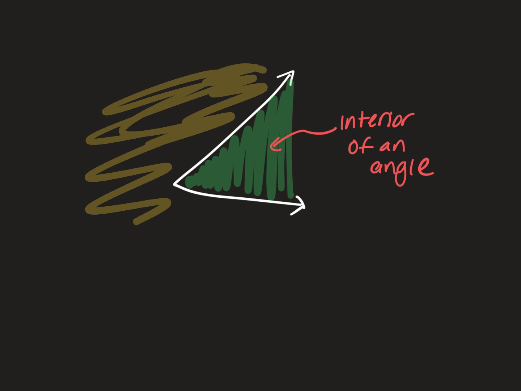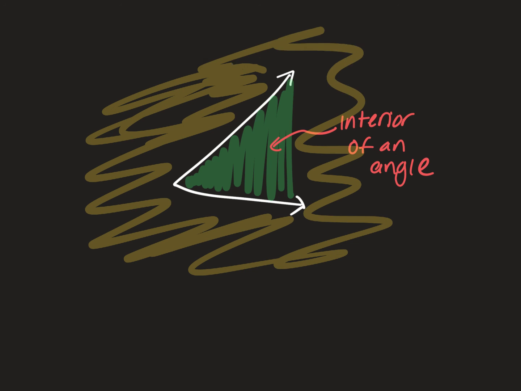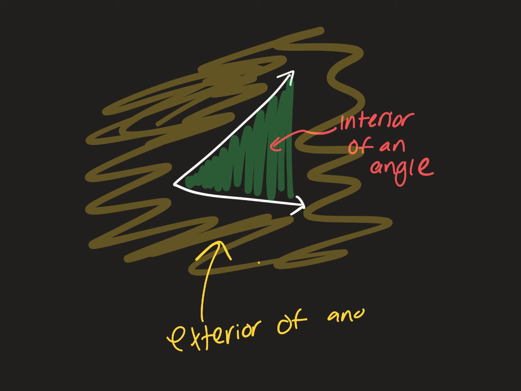So it's just this part. That's our exterior. I'm just going to remember that. I'm not going to write it down. Yeah, that's fine. Interior is inside the angle, exterior is outside. If there was a point A, we could say A is on the interior of the angle, B out here is on the exterior. As long as you know inside, outside.